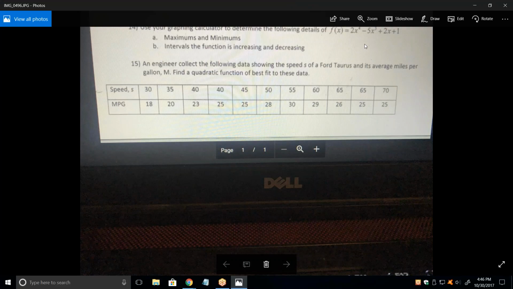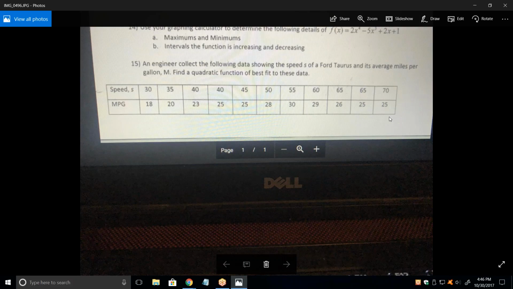So, 15. An engineer collects the following data showing the speed of a Ford Taurus and its average miles per gallon. Find a quadratic function of best fit to this data. Now, are you supposed to use your calculator to do this?